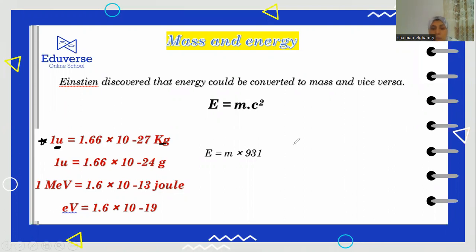So 1 atomic mass unit equals 1.66 times 10 to the power of negative 27 kilogram. The other very important conversion is from million electron volt to joule. 1 million electron volt equals 1.6 times 10 to the power of negative 13 joule. These are the two most important conversions that you should memorize very well.